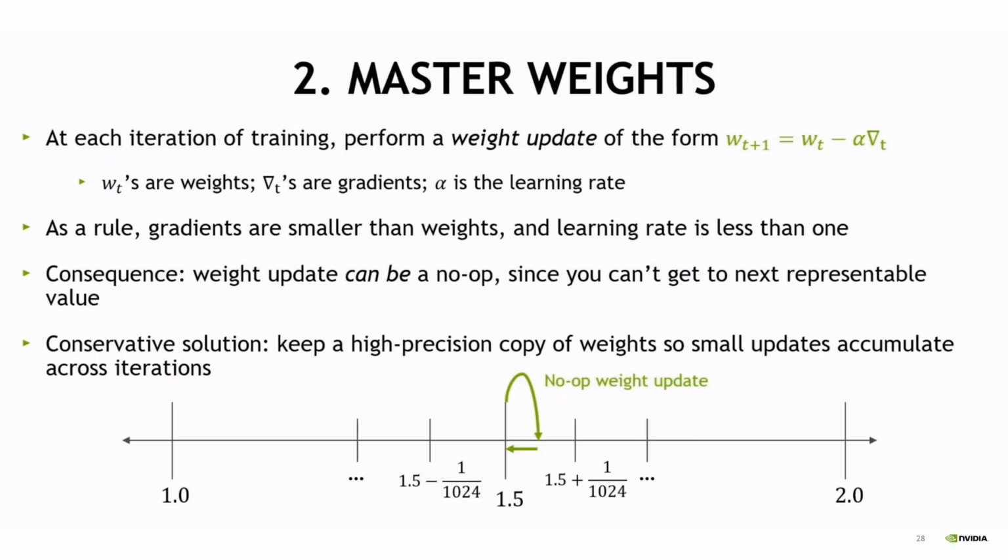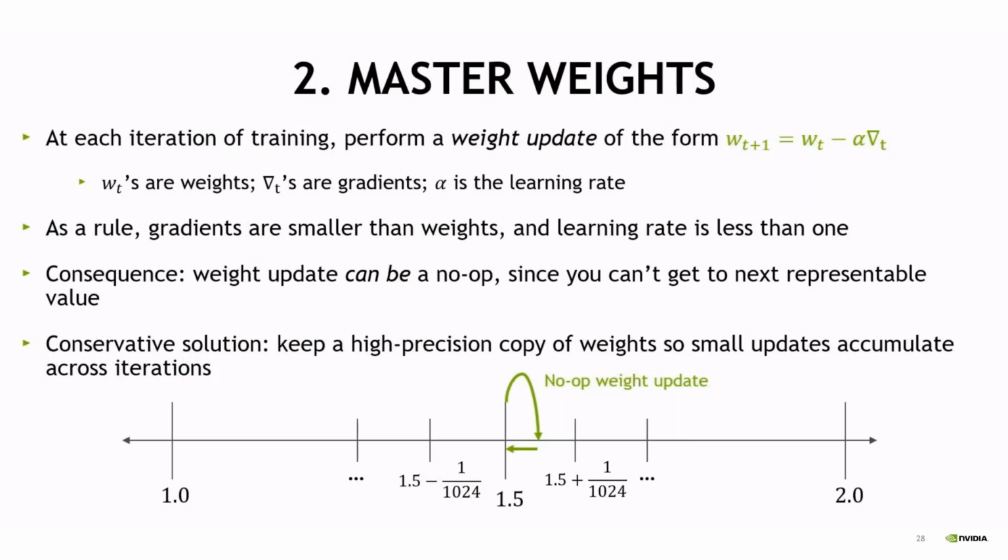And if my weight is in a small precision format, then the step size between two representable values in that format is bigger than in full precision formats. For example, for FP16 with 10 bits of mantissa, between values 1 and 2, the step size is 1 over 1024. If my current value of weight is 1.5, the next biggest representable value is 1.5 plus 1 over 1024.